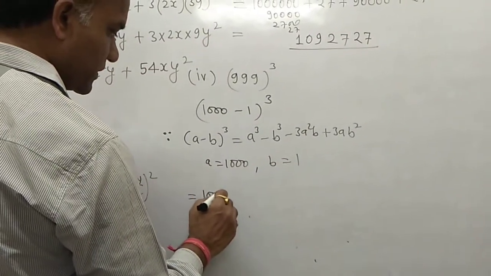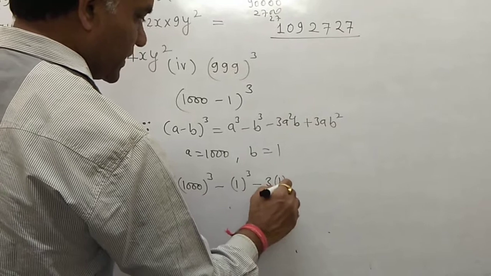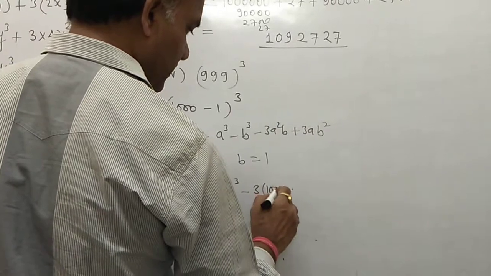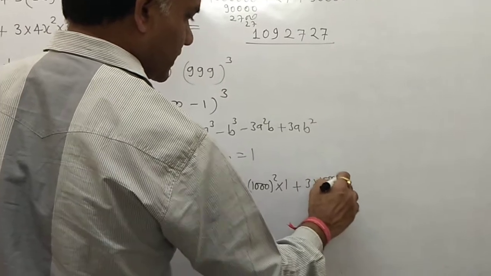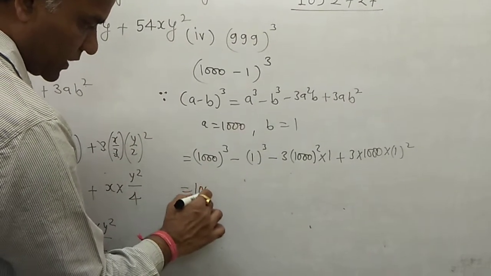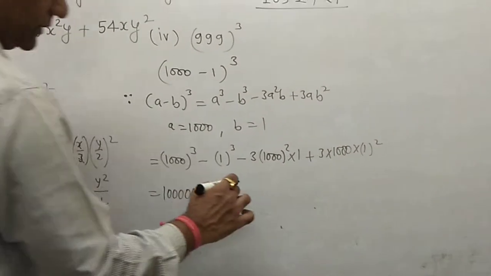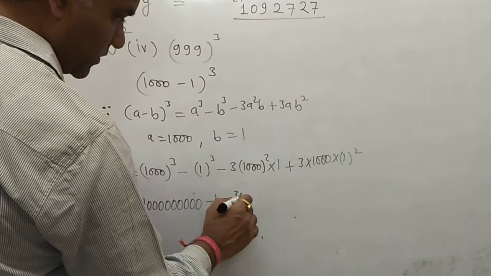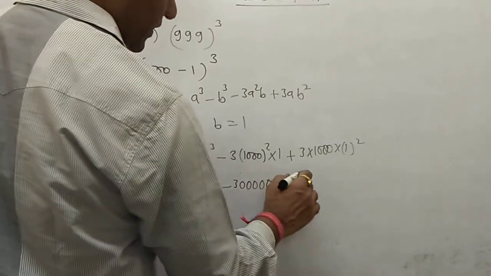So 1000 whole cube minus 1 cube minus 3 into 1000 whole square into 1 plus 3 into 1000 into 1 square. 1000 cube means you write down 3 3s are 9 zeros, minus 1, minus 3 into, you write down 6 zeros, 1 2 3 4 5 6, plus 3000.